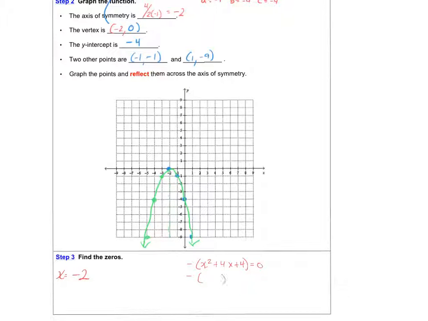And then when you factor, it's two things that multiply to 4 and add to 4, which is 2 and 2. So (x plus 2)(x plus 2). And so you solve these. The GCF kind of means nothing. It's negative 1 equals 0, so we don't look at that. And x plus 2 equals 0, so we get minus 2, x is negative 2. And when we factor the other one, it's also going to be x is negative 2, and so that's why there's only one solution this time.